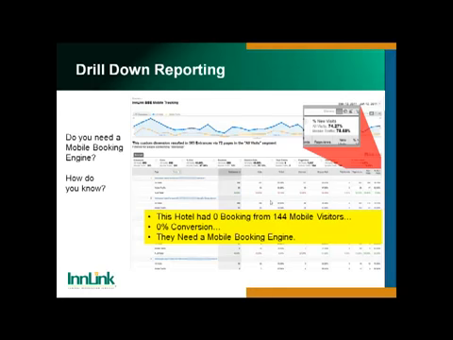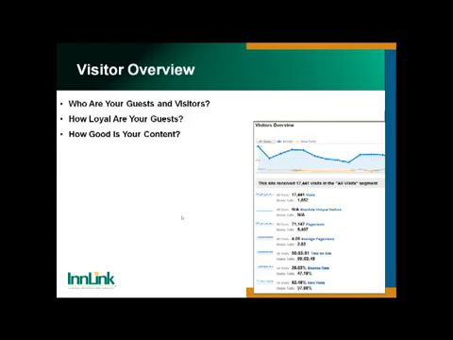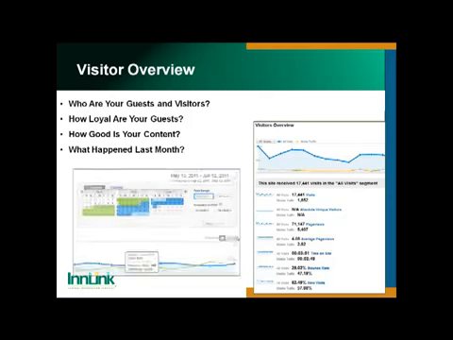So visitors, who are they? How loyal are they? How good is my content on my website? Again, these are just snapshots of what you can obtain from Google Analytics. How many visits? How many unique visitors? Page views, on-site, and new visits. What happened last month?